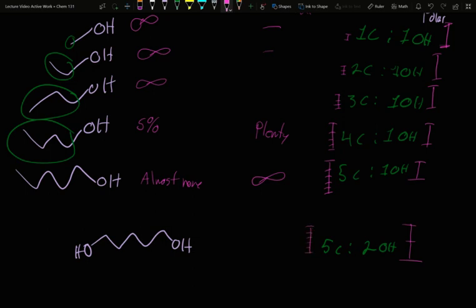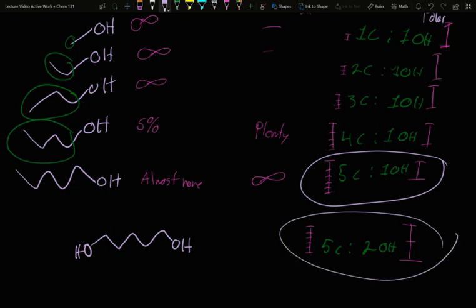And so where previously we had our nonpolar exceeding our polar, by adding another OH group, our polar starts to exceed our nonpolar again. If anything, this looks more like 2.5 carbons to 1 OH, if you were to divide it by 2 and keep a ratio that looks like our earlier molecules.